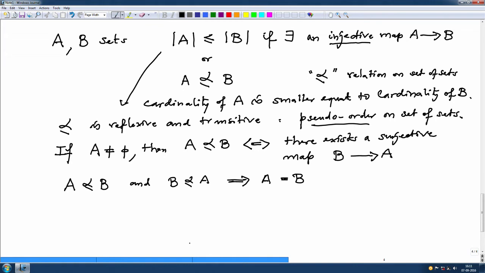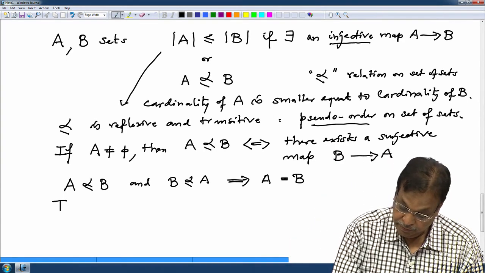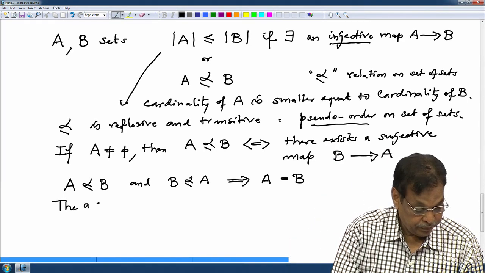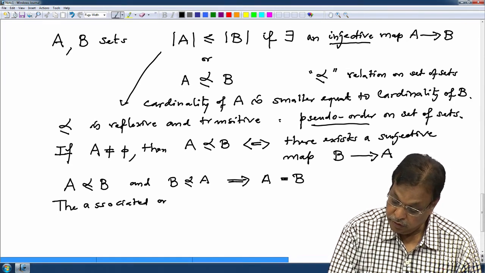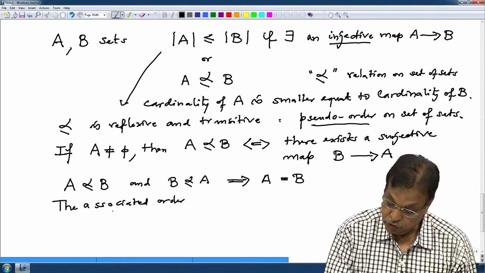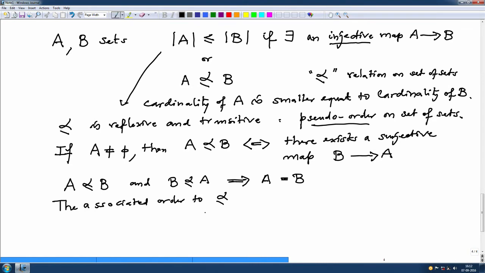So each pseudo order you can make into an order by pushing in this property. The associated order to this pseudo order means that I have enlarged this relation and made it an order.